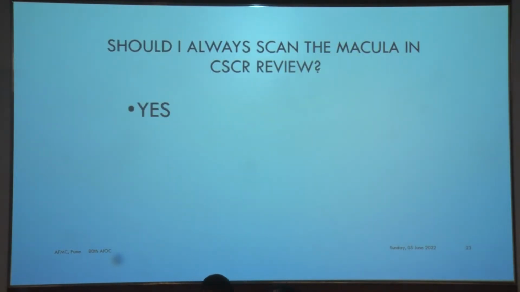Just because somebody is diagnosed as CSCR, should we not do OCT in every follow-up, that is when we call them for monthly or 3-monthly reviews? The answer is no. We should actually do the OCT every time a patient is visiting us, because some surprise may be lying.